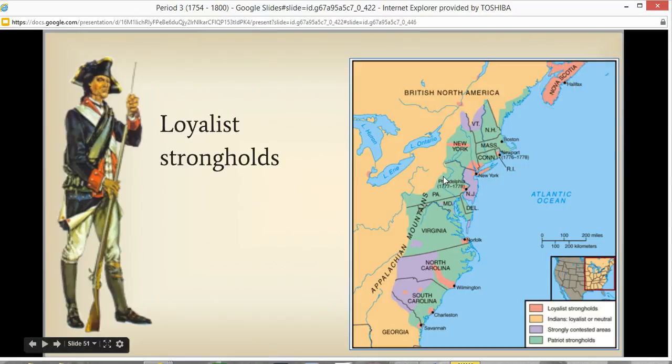When the war is over, a lot of those slaves are transported, I should say, from the American colonies to Nova Scotia, and that's where they will move for their own safety, essentially, with hopes that they will be free. And there's a really good book about that, and there's also a very good TV series about that recently aired. It aired last year.